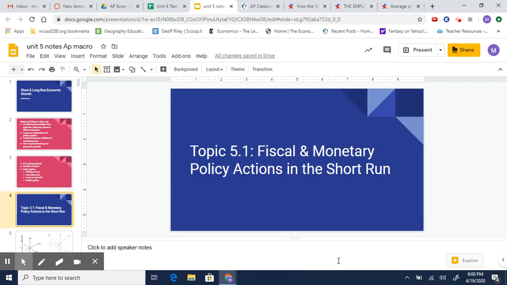So topic one, what we're going to cover today, deals with fiscal and monetary policy actions in the short run. Essentially, topic one in Unit 5 is just gauging fiscal policy and monetary policy, and if you were to put the two together, what's going to be the effect on interest rates in some situations, like when the Fed buys bonds and the government pursues contractionary fiscal policy.